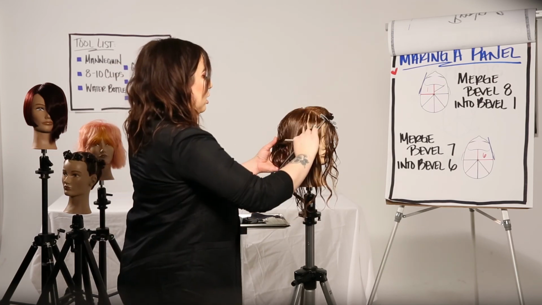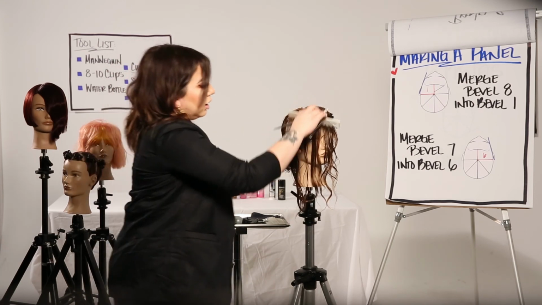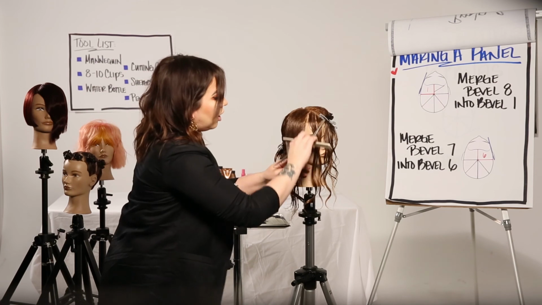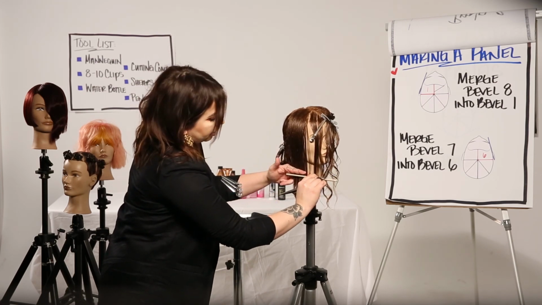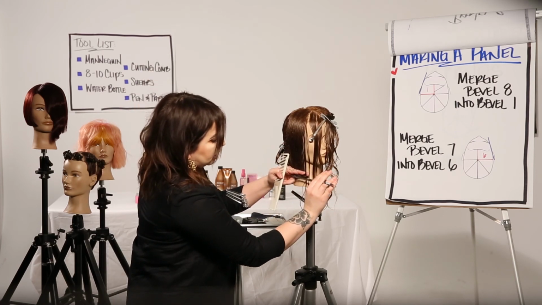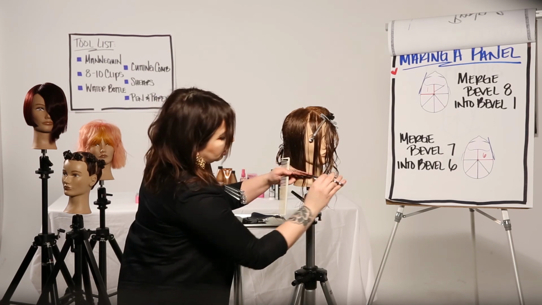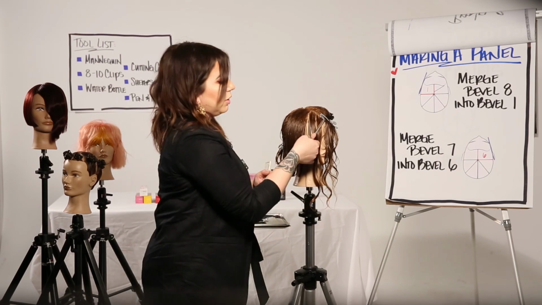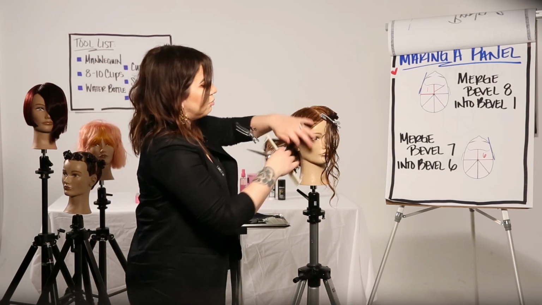Take a small guide. Comb everything in natural fall. And again, my fingers are still going to stay stuck to her neck. And I'm just going to cut bevel 6 just like I would the rest. And then when I come to bevel number 7, I'm going to merge it into number 6.